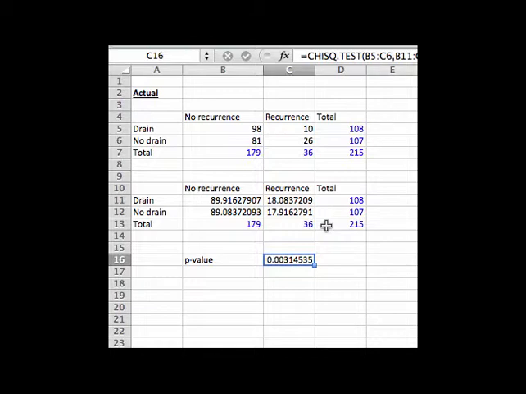That's much less than 0.05. So we say that the difference we see in proportion between the two groups, the group where there was no drain and the group where there was drain, the difference in recurrence rate between these two groups is statistically significant.